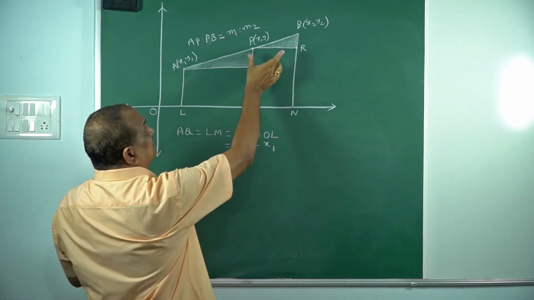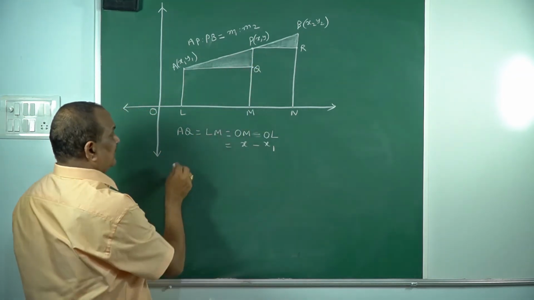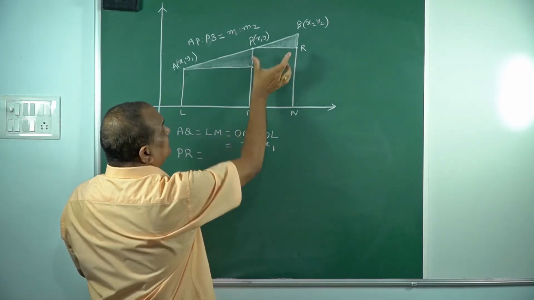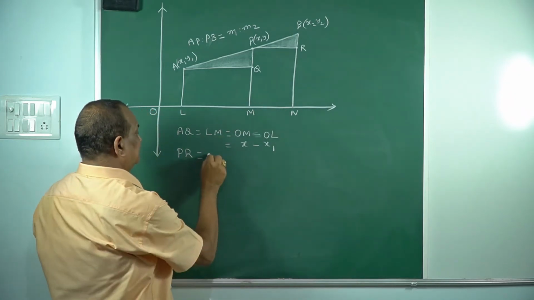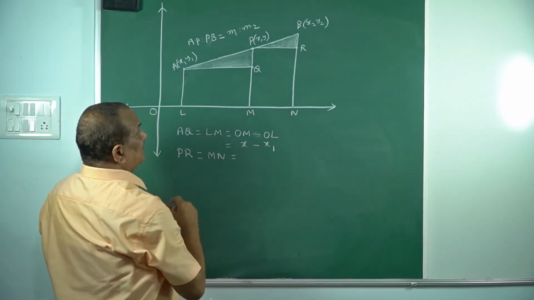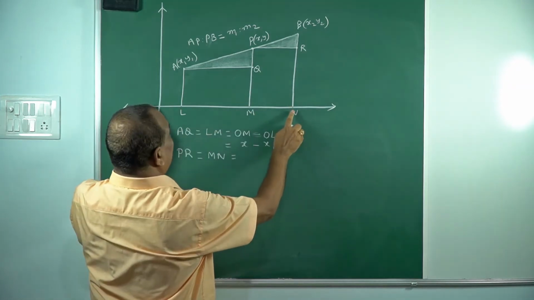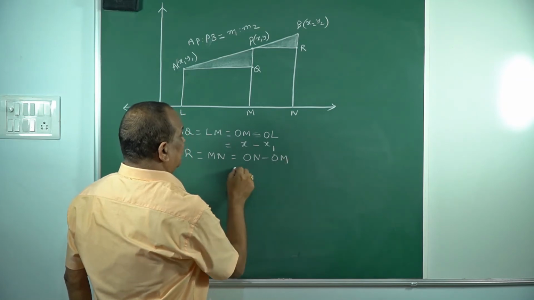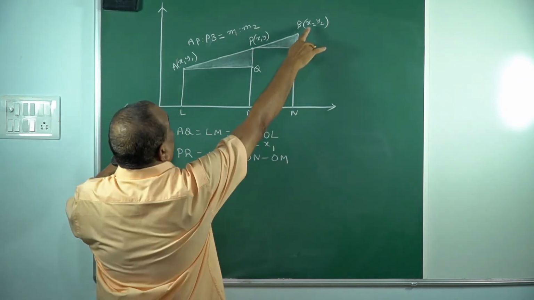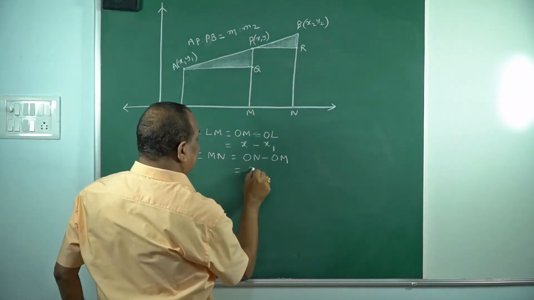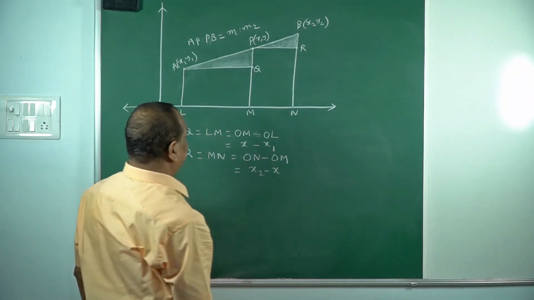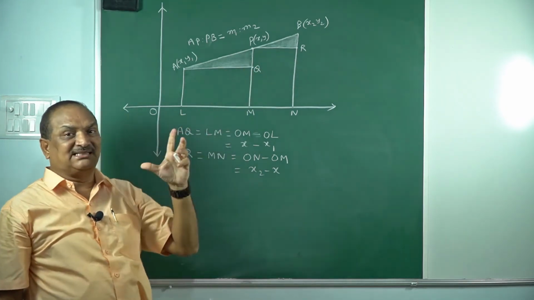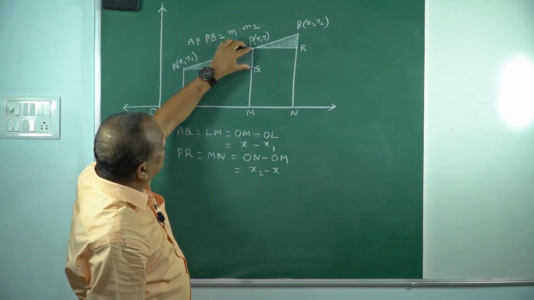Corresponding to this, I have this side, PR. I want to know what PR is all about. PR is the same as MN. This MN means ON minus OM. ON is X2. OM is X. X2 minus X. So I got this side and I got this side. That part is done. But now I want to find out this height, PQ.